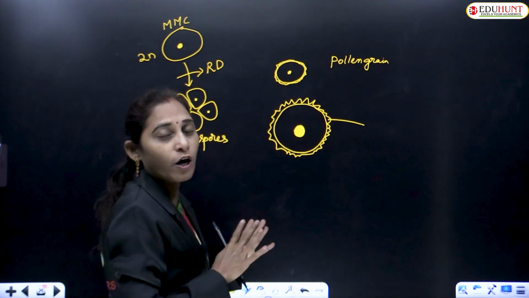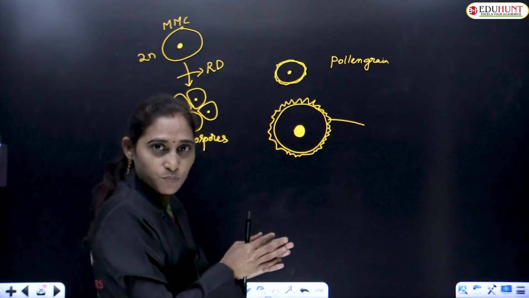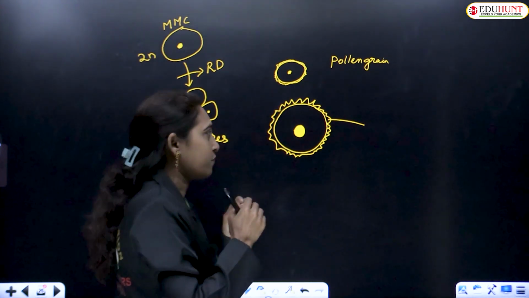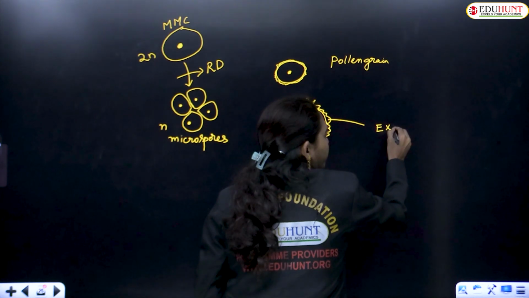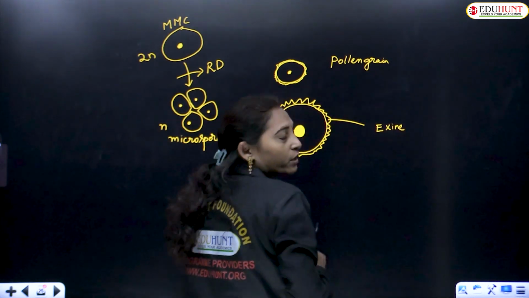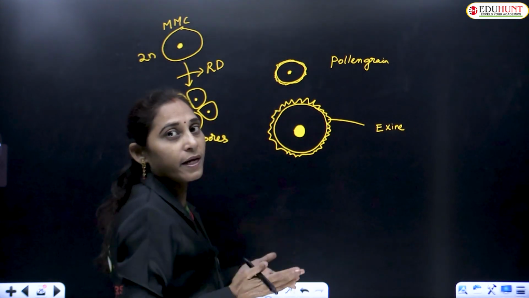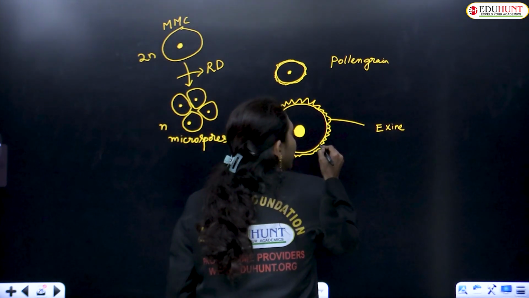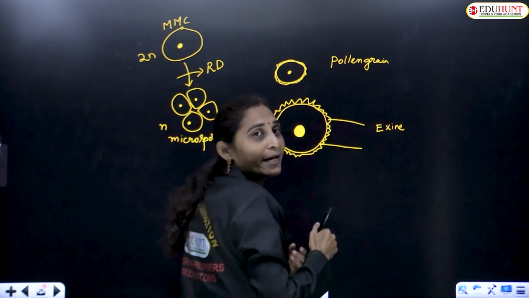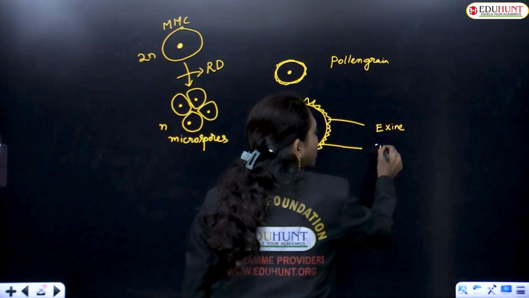It shows ornamentation, that is, it is not smooth. It is rough. It is called the exine. The outermost layer of the pollen grain is called the exine, and the smooth inner layer is called the intine.